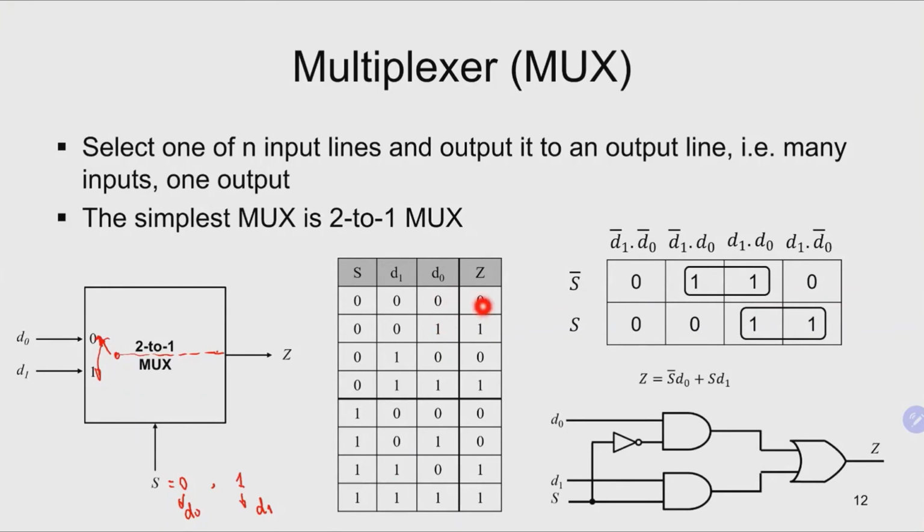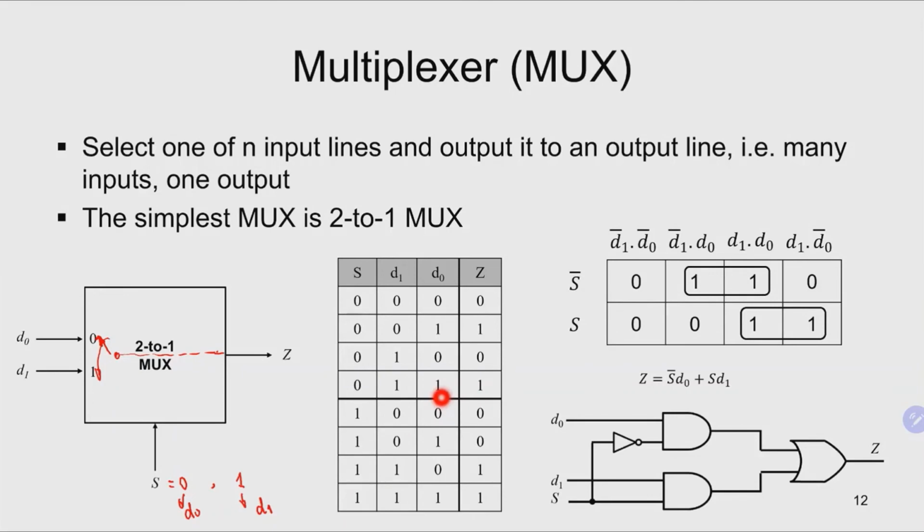So 0 becomes 0, 1 becomes 1, 0 becomes 0, 1 and 1. Regardless of what happens here, the output follows exactly what D0 is. And when S is equal to 1, it follows exactly what D1 is. It doesn't care what D0 is.